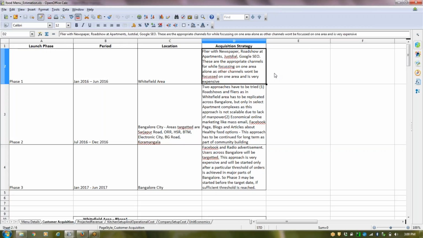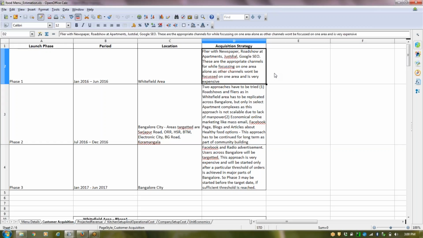Predominantly on weekends, on Saturdays and Sundays, they'll put a stall in the evening over there and interact with the residents and distribute the breakfast samples for free to get their feedback. And when they have tried these breakfast options, if they like it, they can take their phone and place an order for the next day morning onwards. So that is the approach.